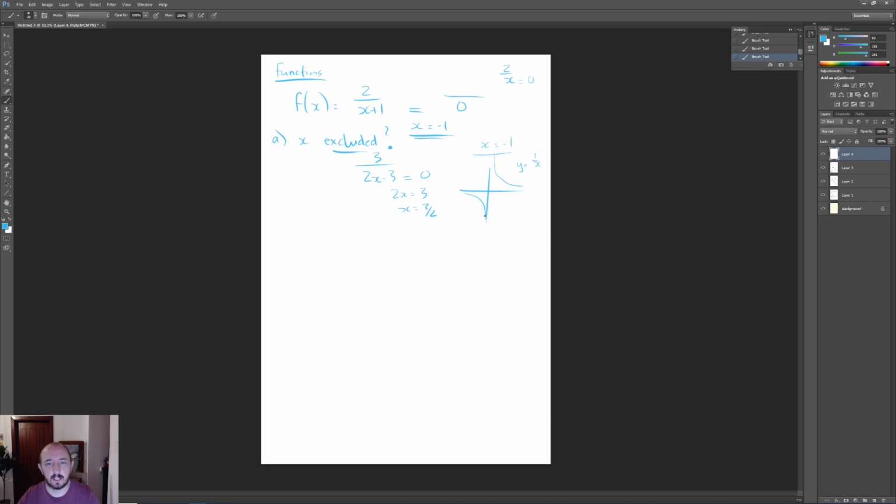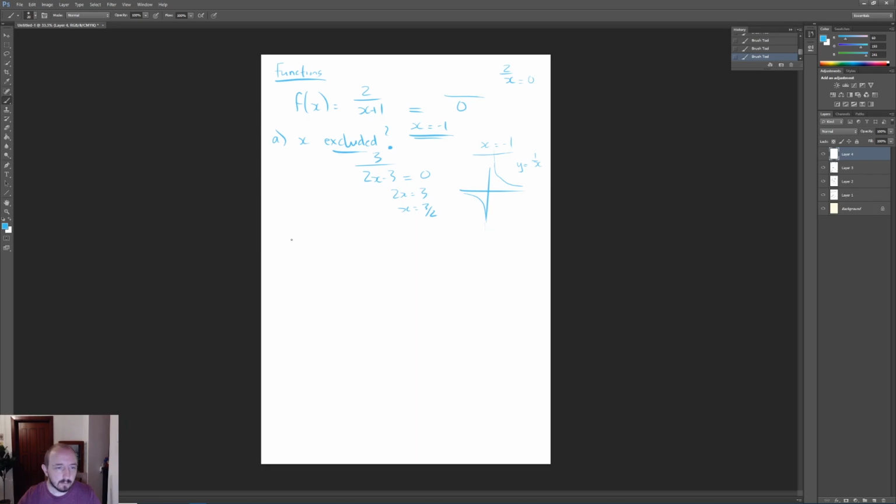This one goes down, down, down, and never touches down there. The reason for that is because when x equals 0, 1 divided by 0 is undefined, but it's going up towards infinity, but never actually touches. If you choose any other value for x on here, like 2 or 3 or 4, there'll be a corresponding y value, but not 0.